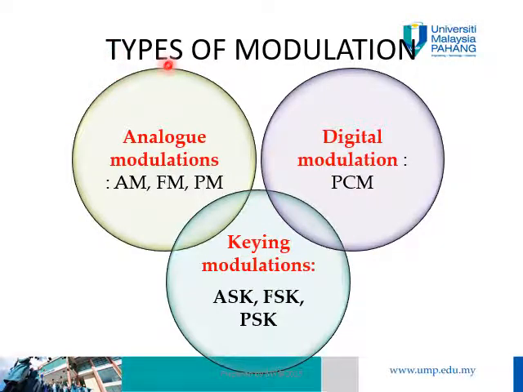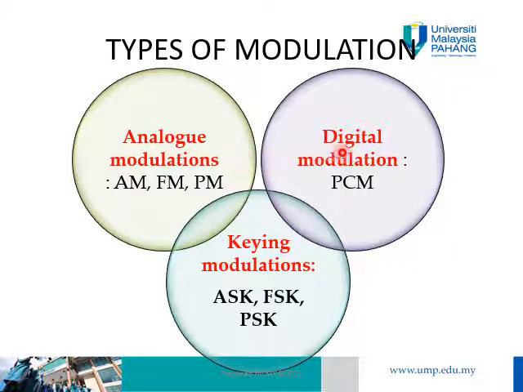In general, there are many types of modulations. So these modulations also can be divided into analog and digital. There are analog types of modulation, which is AM, amplitude modulation, frequency modulation, and phase modulation. So we are discussing now AM modulation.